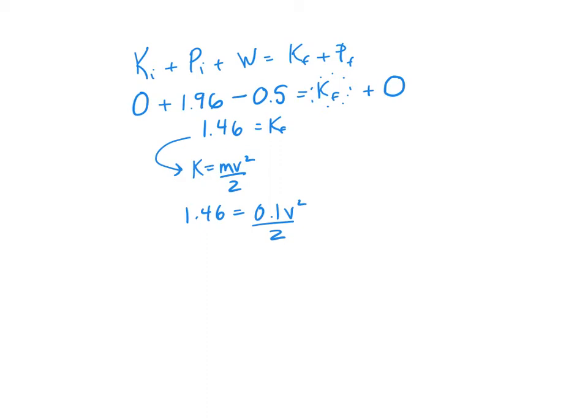And 1.46 times 2 is 2.92 equals 0.1 v squared. Divide by 0.1, and 29.2 equals v squared. And now you're going to take the square root of the answer. And you get 5.4 meters per second.